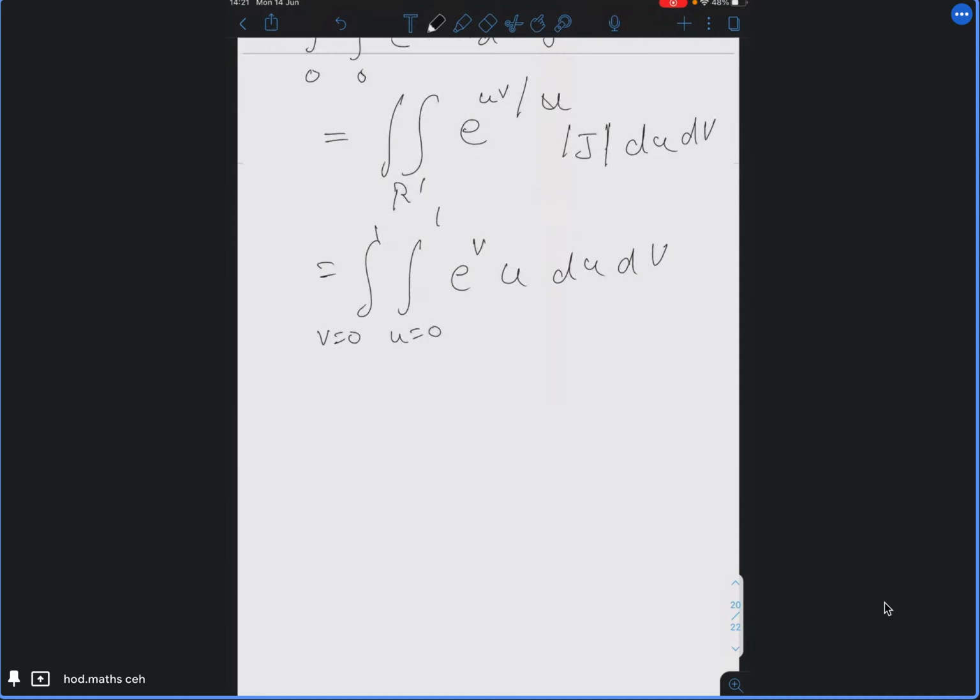Either way you can integrate, no problem. So integrate and tell me the answer. e minus 1 by 2. e minus 1 by 2.